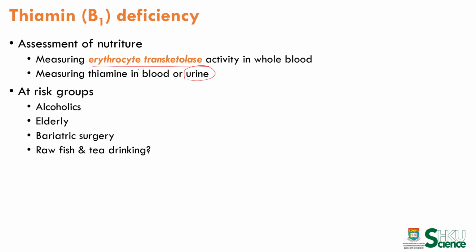But in blood, it seems to work okay. Those who are at risk are, of course, the alcoholics, elderly people because they tend to not eat very well, those who have had bariatric surgery, and those who eat a lot of raw fish or drink a lot of tea, which we'll get into further details.